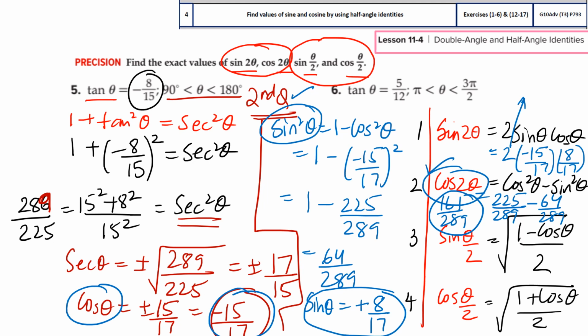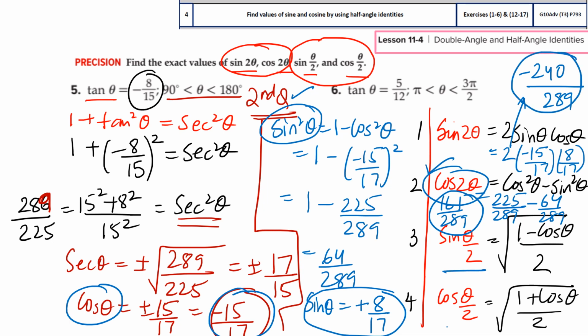Similarly, for sine 2 theta, when you do the product, do the cancellations. The denominator is going to be 289 because 17 multiplied with 17, and in the numerator you have 15 multiplied with 2 multiplied with 8. Don't forget the negative sign, so this will come out to be minus 240 over 289.